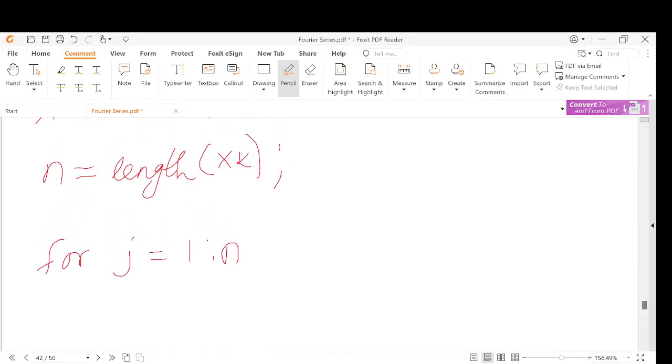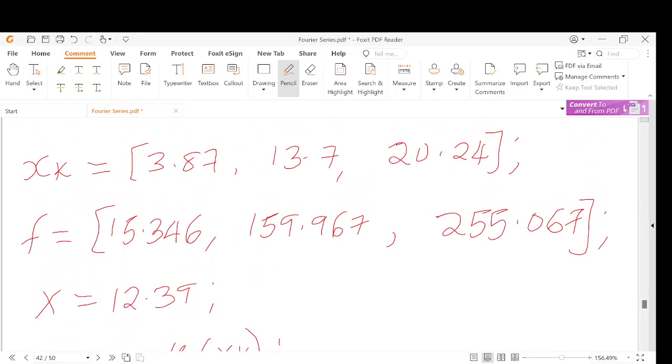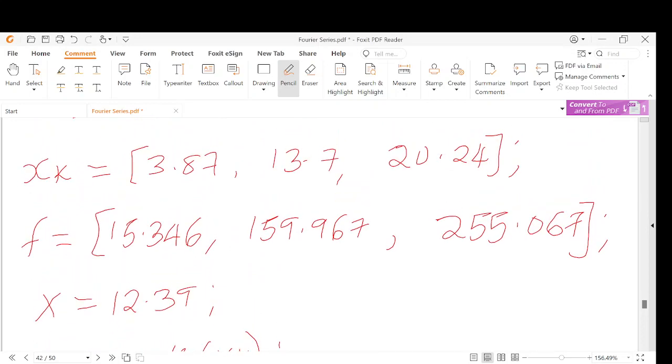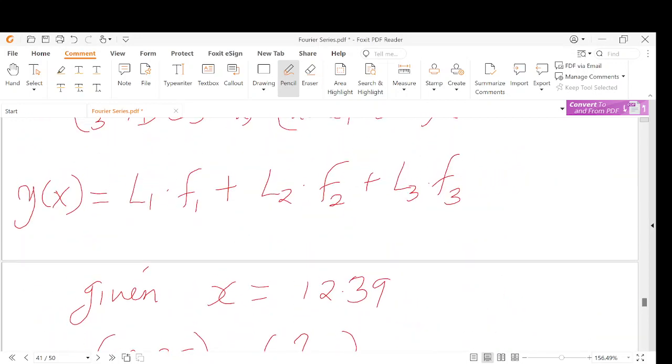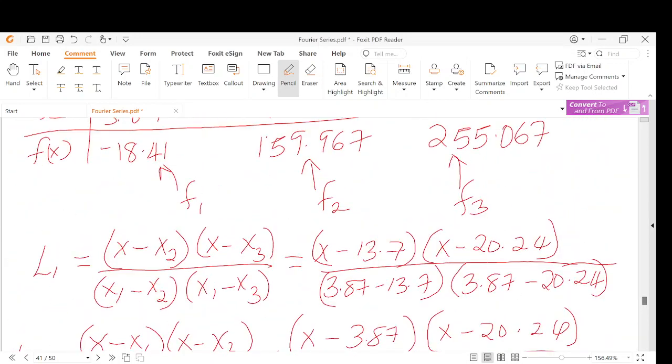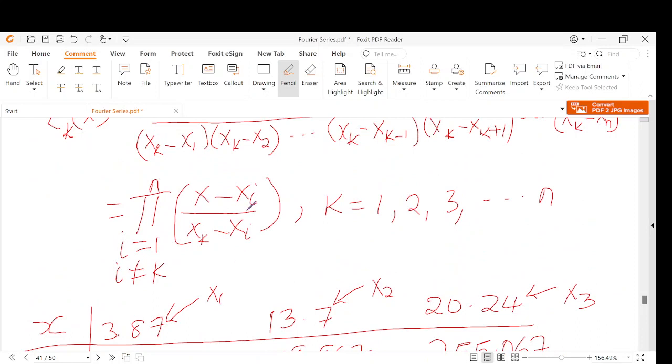I have xk here, but notice that when computing the fundamental polynomials as we had up here, I needed xk, which is the set of data that is provided, but I also need xi.